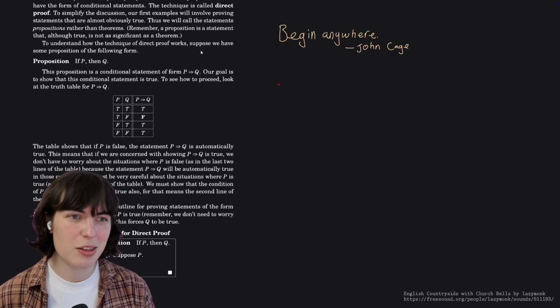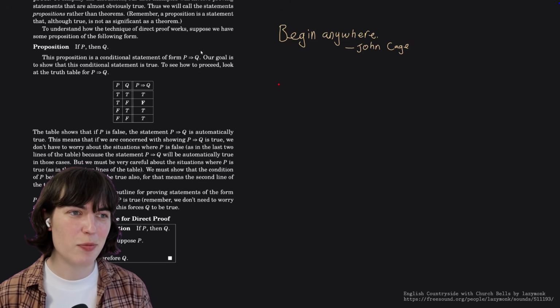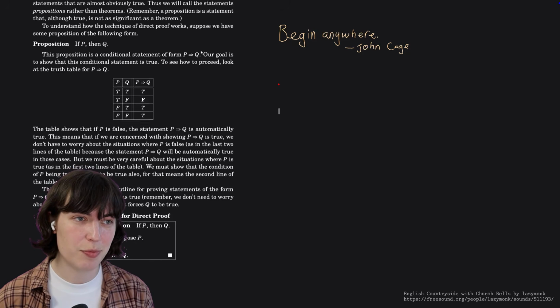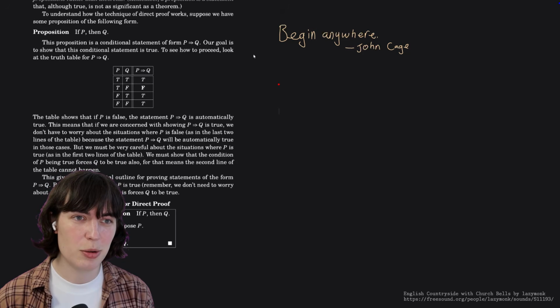To understand how the technique of direct proof works, suppose we have some proposition of the following form. If P, then Q. This proposition is a conditional statement of the form if P then Q. Fine. Our goal is to show that this conditional statement is true.